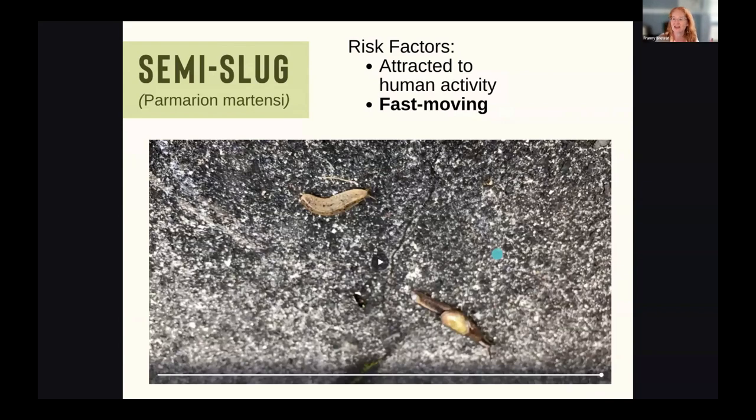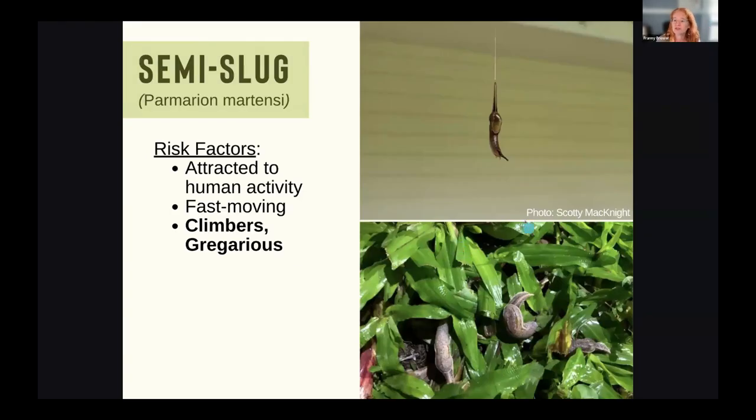And again, if you're outside in an area that has semi-slugs, you might have plates out and as evening falls, all of a sudden you're looking at a plate and here's a semi-slug crawling up the table. They're good climbers and they can do this Tom Cruise in Mission Impossible thing where they can drop down. They can make a mucus thread and lower themselves into a new area so they can overcome barriers that way. And they're very gregarious.